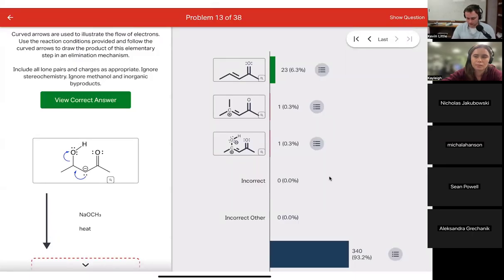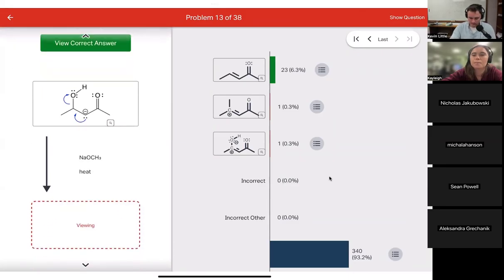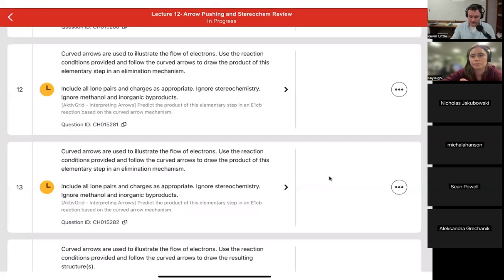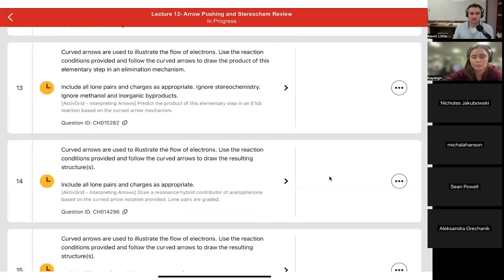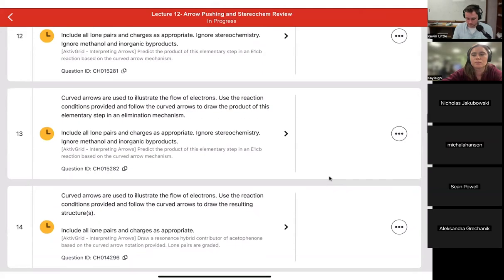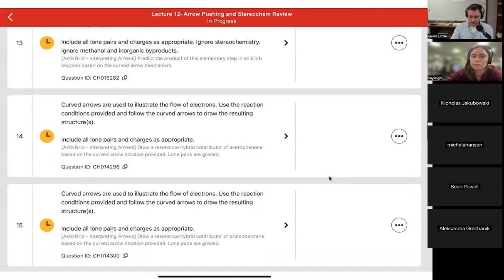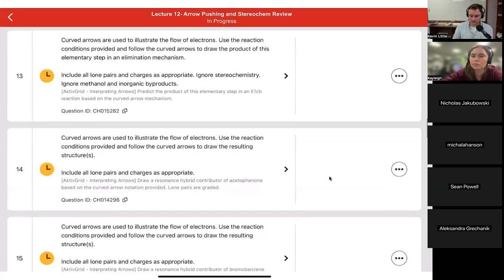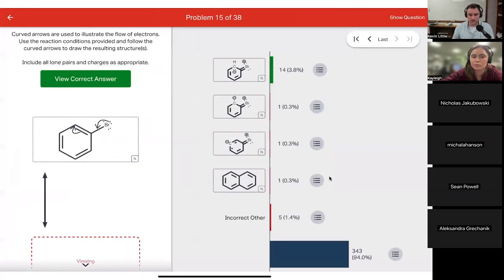Essentially these arrows are communicating electron flow. If I'm honest with you, these are questions from chapters 16, 17, 14, much later chapters than what we've taken, because if you know electron flow, you should be able to answer these questions.